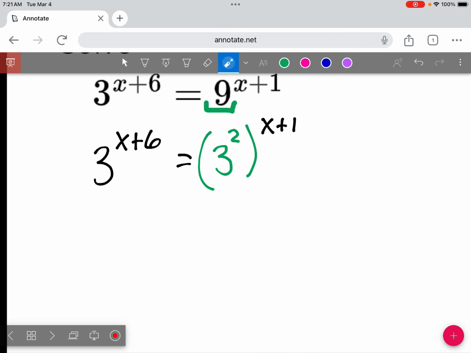Yes, we need to get our 3 squared out of its parentheses, which means I need to take my power to this power. So I can write this as my 3 to the x plus 6 equals my 3 to the 2 times x plus 1. You can multiply those two pieces together. Then what can we do?